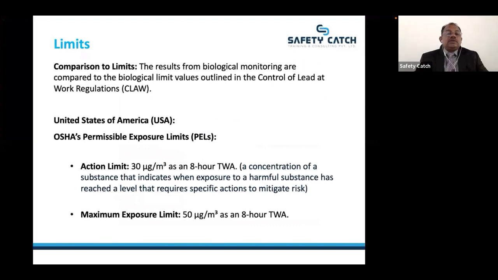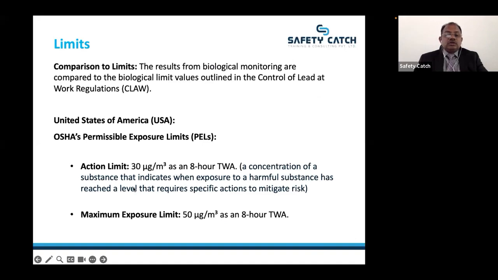United States, that is why I said the results from biological monitoring are compared to biological limit values outlined in the Control of Lead at Work. There are biological values given in the US. The OSHA permissible exposure action limit is 30 microgram per cubic meter as an 8-hour TWA for lead exposure. So just an example is given. There is something called an action limit.